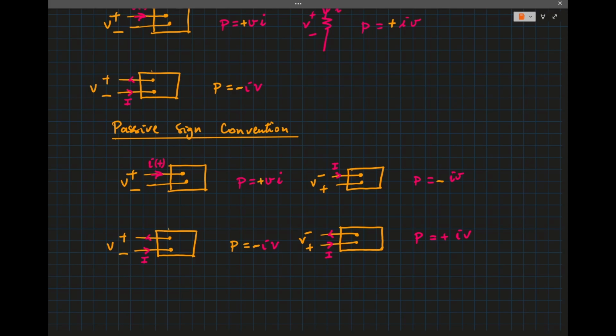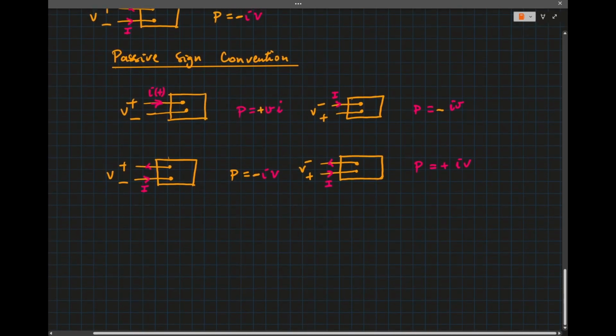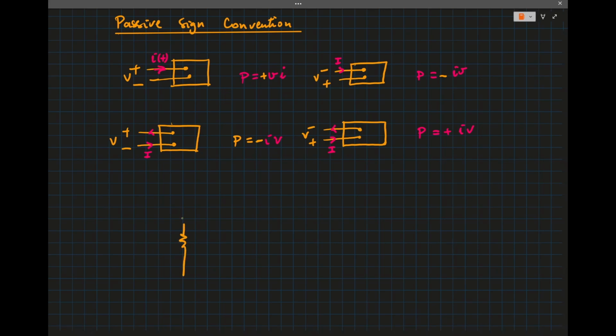Now for a purely resistive element, which is the resistor, we have I going that way, and V. So P, as you can see, because the current is flowing from plus to minus, is IV.